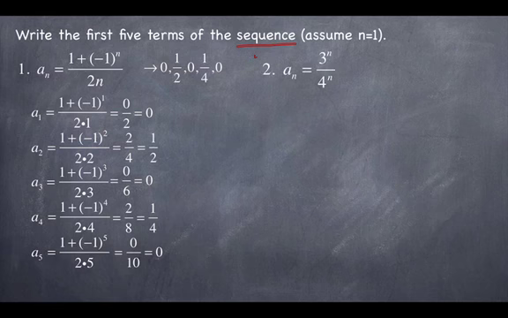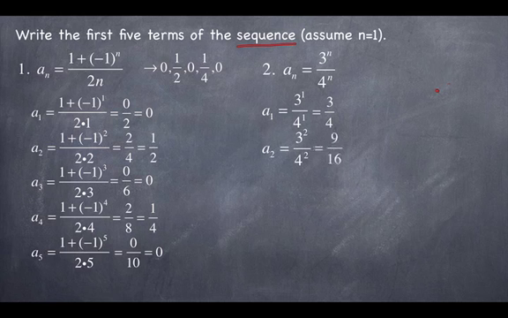Let's look at number 2. The rule is slightly different, but we apply the same steps. To find the first term, we let n equal 1, and then we simplify: 3/4. To find the second term, we let n equal 2. You get 9/16.